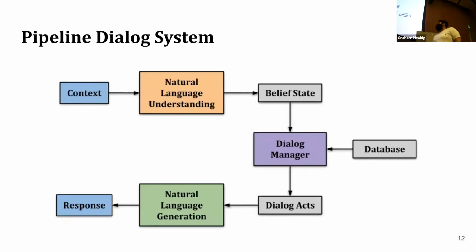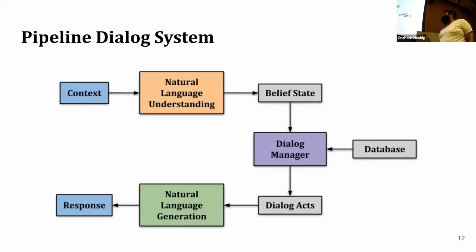So here is a pipeline dialogue system. This is essentially how people did task-oriented dialogue for years before deep learning was a thing. So here, basically what's happening is we have some dialogue history, the context, and the dialogue history goes through some natural language understanding module. From the natural language understanding module, we get a belief state over the dialogue history, and then the belief state is passed to some dialogue manager.